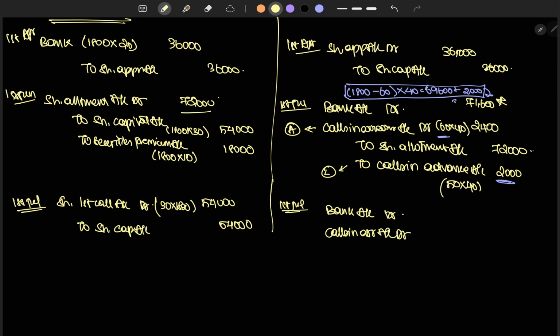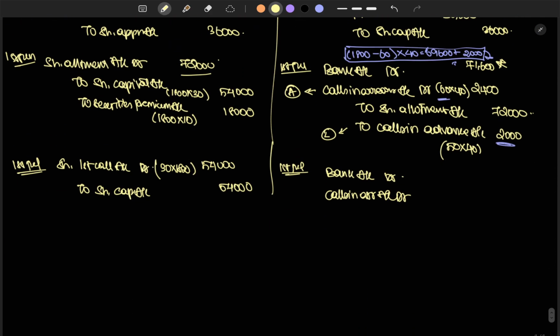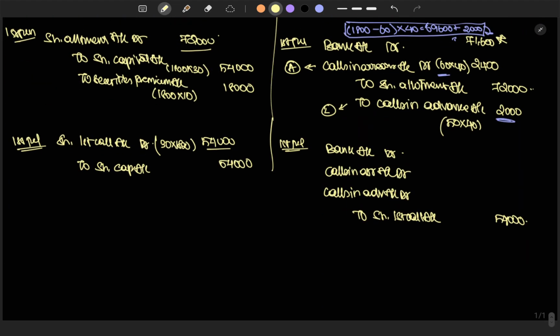And we have received money in advance for 40 shares, right? So that has to be reversed here for this month, to share first call account. And how many shares have not paid, which is 60 shares.